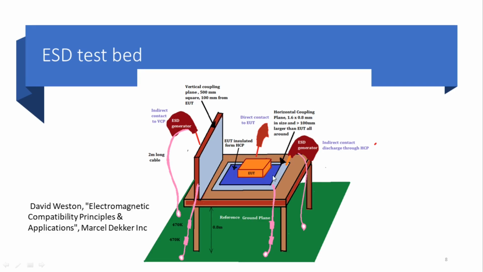Okay, there are some standard dimensions for these. And this is the ESD generator, that's the gun, which is pointing now at the moment to this board. It is going to point at this and discharge the impulse wave onto this plate. So it is not directly being coupled to the equipment under test.